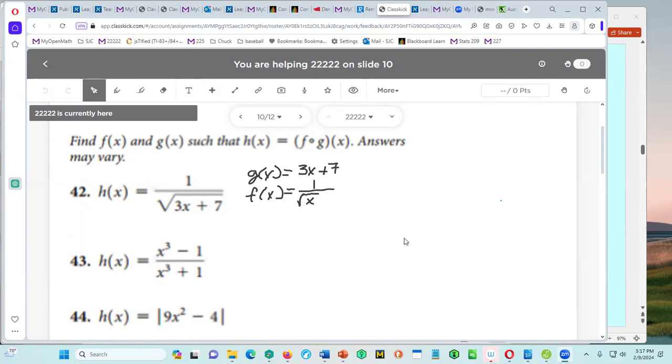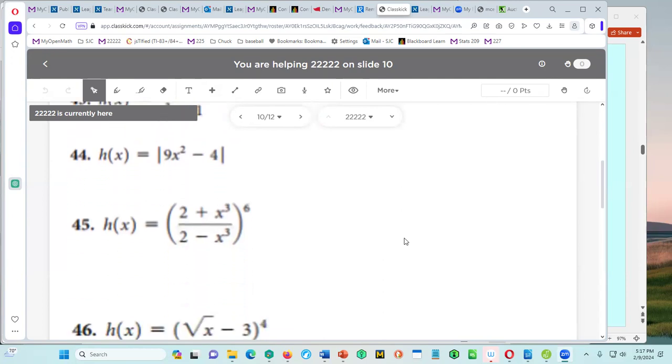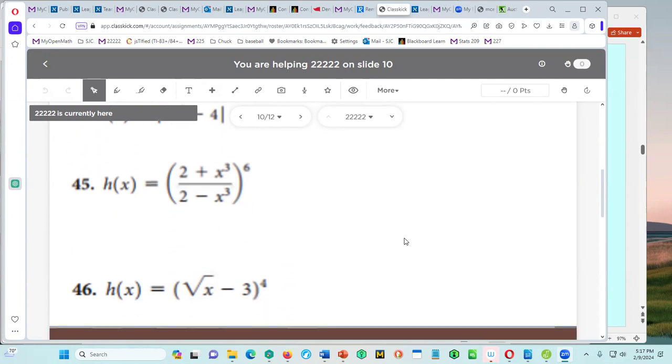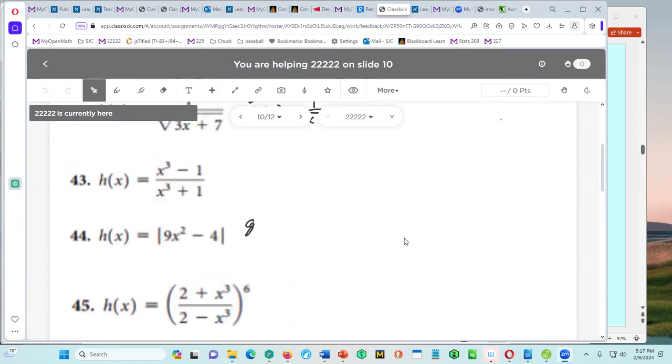So Alyssa, what you might do is go to slide 10 and try to identify, say in number 44 or 45 or 46, an inside function and then an outside function. You said 44 through 46? Yeah. It looks like Jackson's got 44, so maybe you could do 45 or 46.